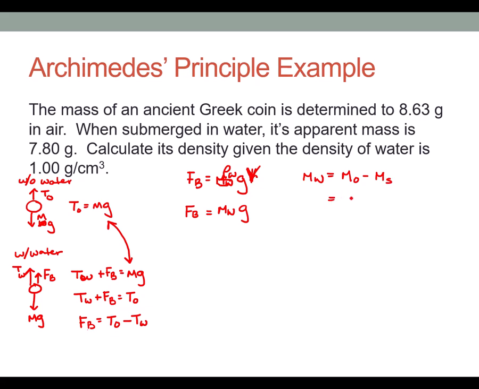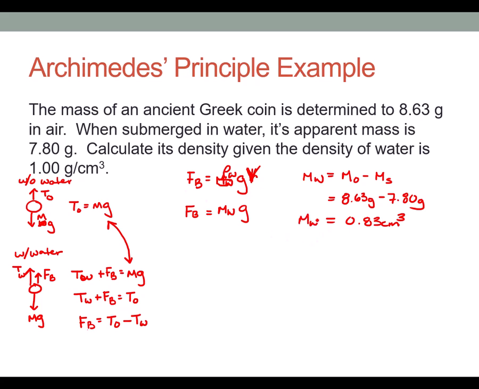That's going to be 8.63 grams minus 7.80 grams, and that is 0.83 grams. The reason we can do that, remember, is because the buoyant force is related to what we're measuring in those tensions.